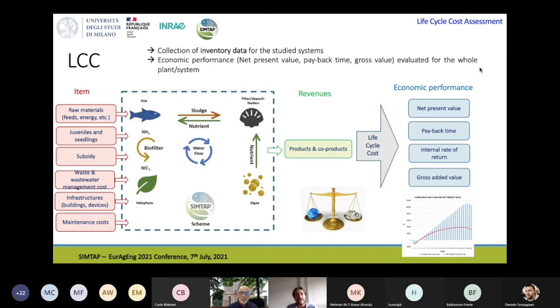And on the other hand, the estimation of the cash inflows, which are basically the revenues generated by the sales of the products. And then through the cash flow analysis, some economic performance parameters will be estimated, such as the net present value, the payback time, the internal rate of return, and the gross added value.